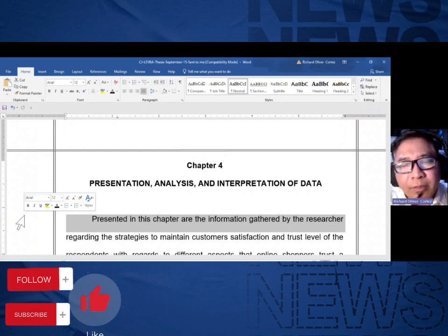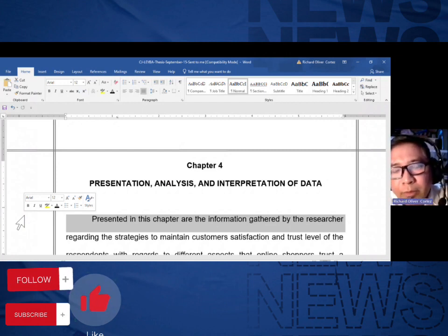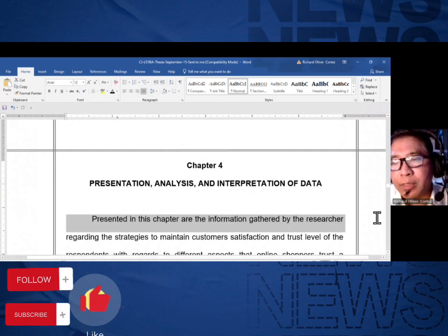The title of chapter 4 changes depending on the preferred title of one particular higher educational institution. Minsan, that is just presentation of data, but we're going to use the title for this format: the presentation, analysis, and interpretation of data.